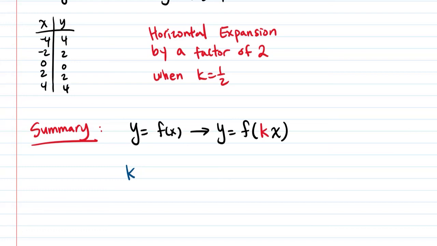When k is greater than 1, for example, positive 2 in the previous example, then horizontal compression is happening by a factor of 1 over k.